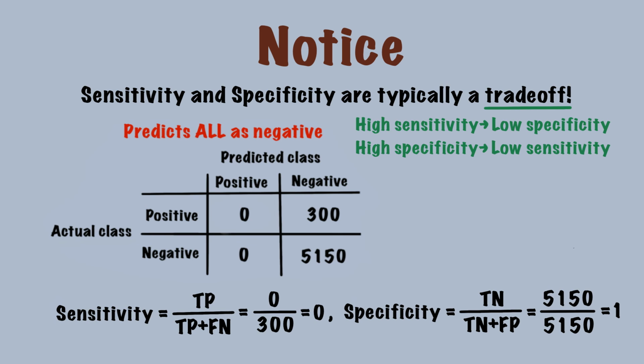The sensitivity is 0, because everyone with a disease is classified as healthy, and the specificity is 1, because every healthy person is correctly classified. In fact, 0 is the minimum sensitivity possible, and 1 is the maximum specificity possible.